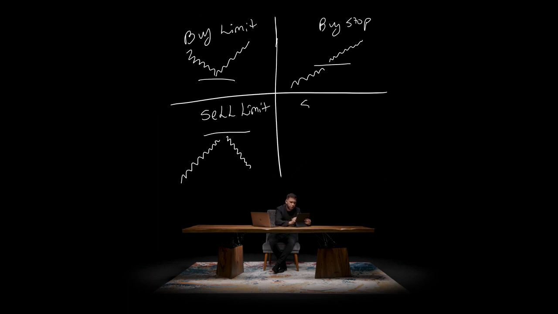And for the sell stop, the market is going down already, and after it crosses the price that you assigned, it's going to activate the trade, and it's going to continue going down. That's the way you see it here. It's literally how it looks in the chart.